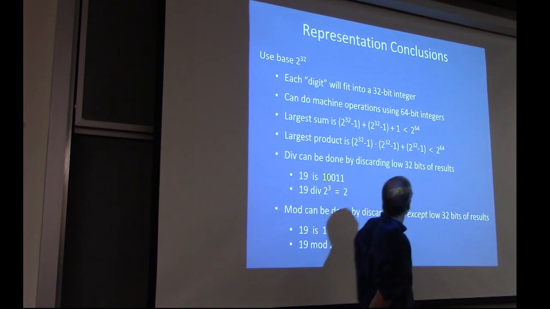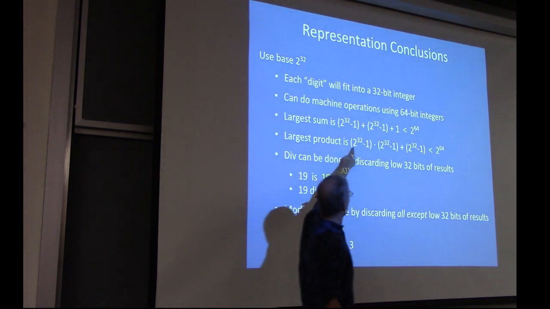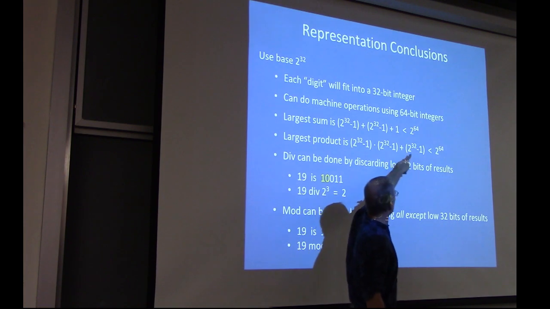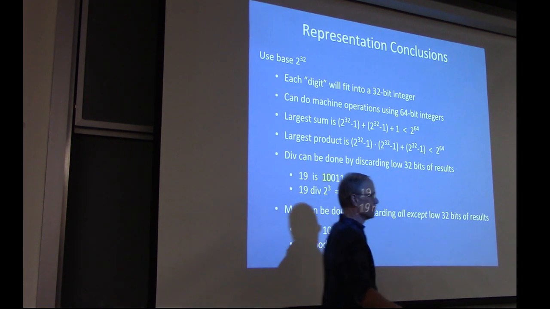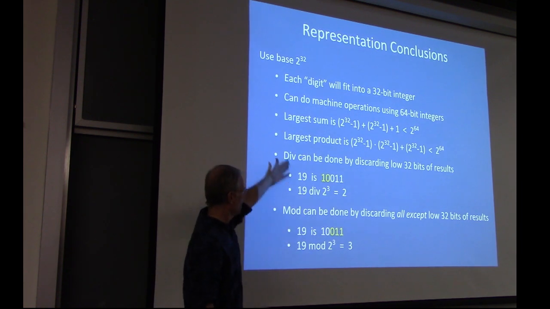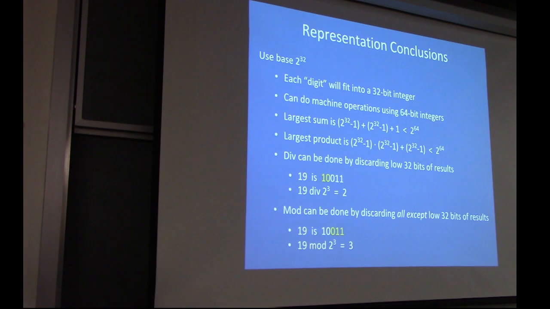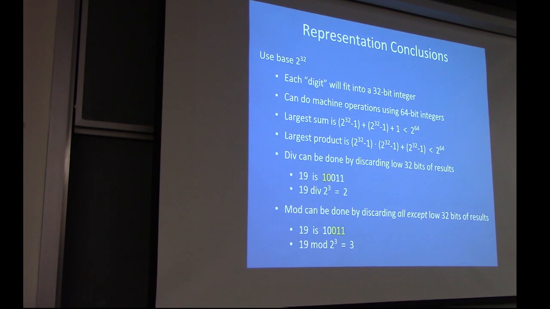Anyway, it's less than 2 to the 64. The two largest numbers being multiplied and the largest possible carry is still less than 2 to the 64. And it's fast to do the div and the mod. We're just bit masking or bit shifting by 32 bits.